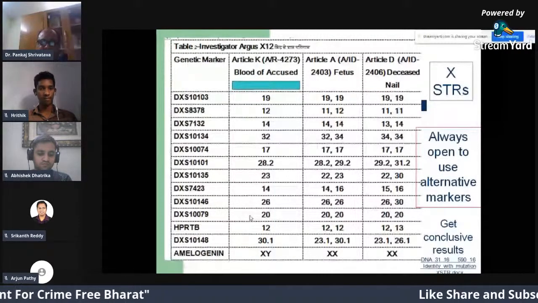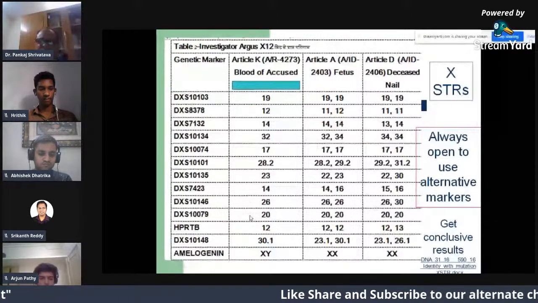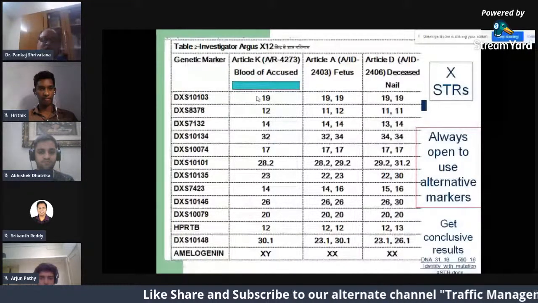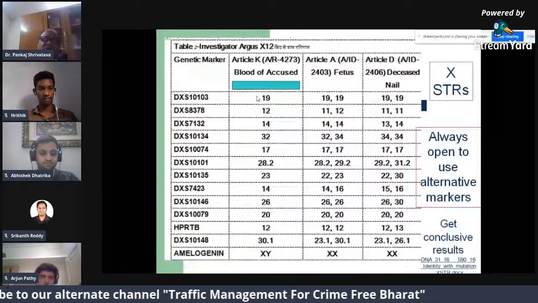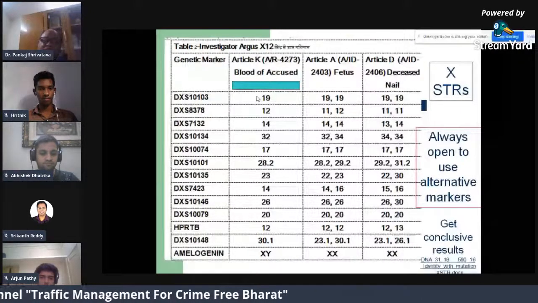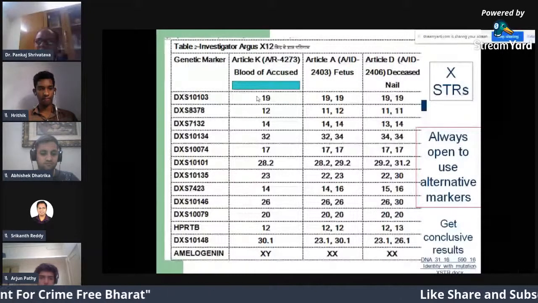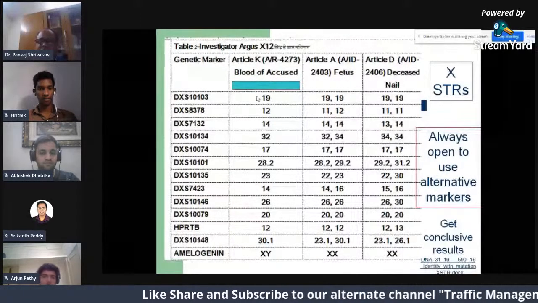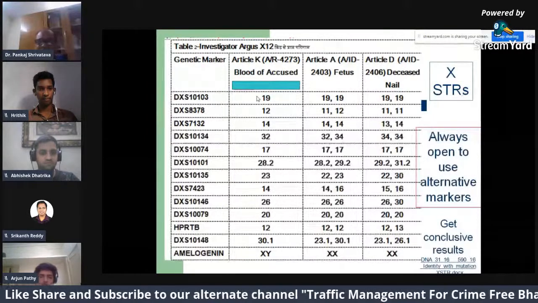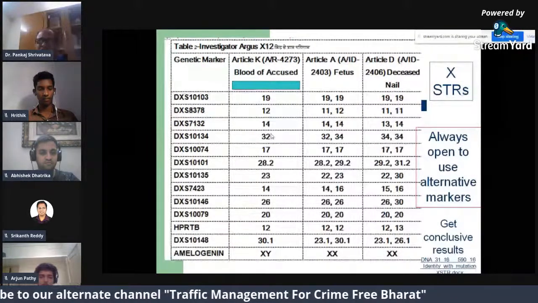So if you want to have more information, you can mail me. I'll send you one of my reviews, where you can find information about STRs, YSTRs, autosomal STRs, and all the variants you can decipher.